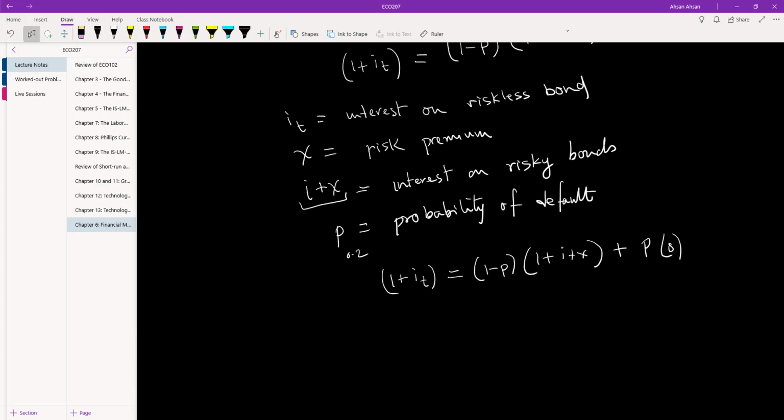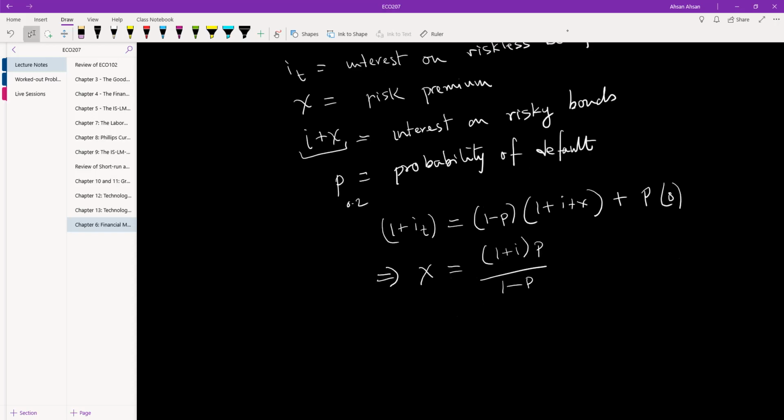If we simplify this a bit, and it's just simple algebra, you can do it as well. What we get is X is equal to (1 plus I) times P over (1 minus P). What this means is, let's come up with a scenario.